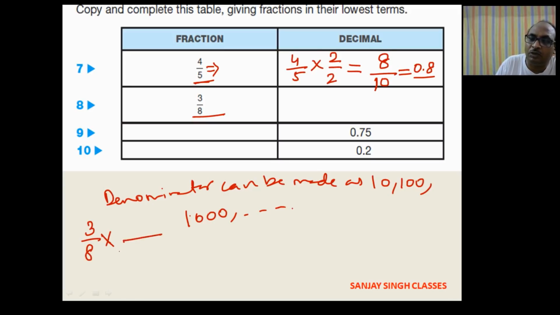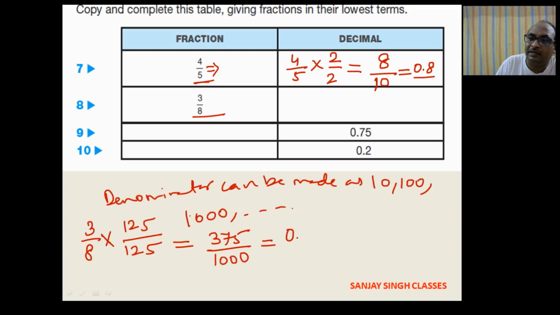With multiplication of 8, we cannot make 100 also. Yes, 1000 we can make. So how will we make 1000? If we multiply with 125, and the numerator also 125, then it will give us 375 divided by 1000, which will be equal to 0.